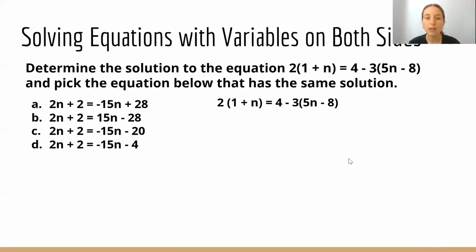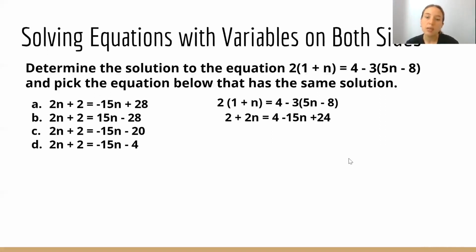And that's going to lead me to 2 plus 2n on the left-hand side is equal to 4 minus 15n plus 24 on the right-hand side. And notice here that it was important for me to distribute the negative sign on the 3 to both the 5n and also the -8.